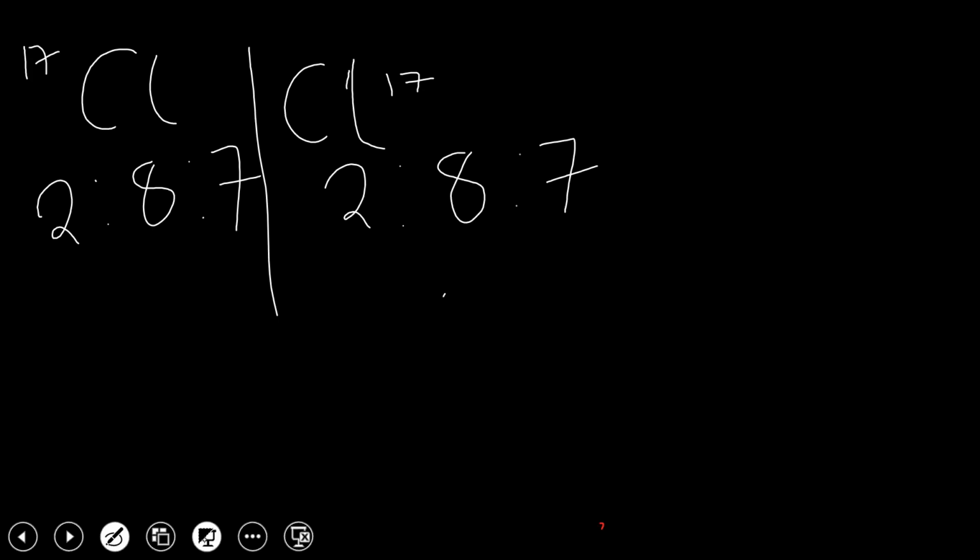When I try to draw the first chlorine atom, if this is the nucleus, the inner shell takes a maximum of 2, then the next shell takes a maximum of 8, and the next shell takes the remaining 7, because that's 17.